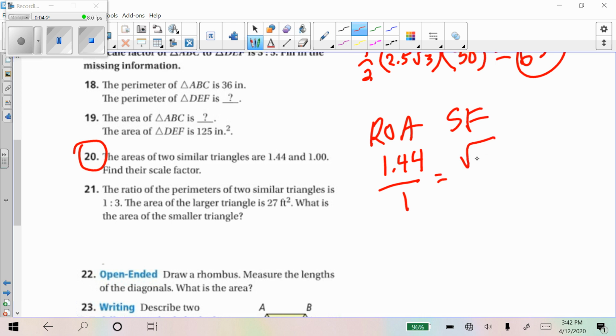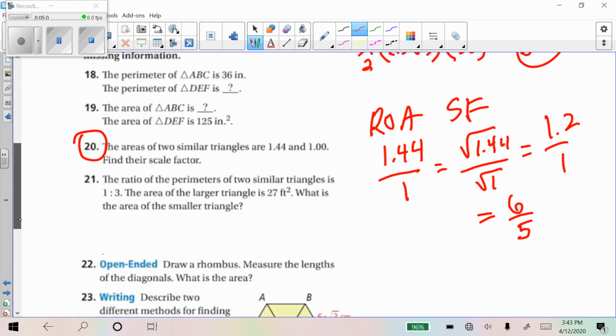So that would be the square root of 1.44 over the square root of 1, which is 1.2 over 1. And if we wanted that to be a common fraction, we'd probably have to multiply by 5 to get us a whole number. So 6 to 5 would be the scale factor.